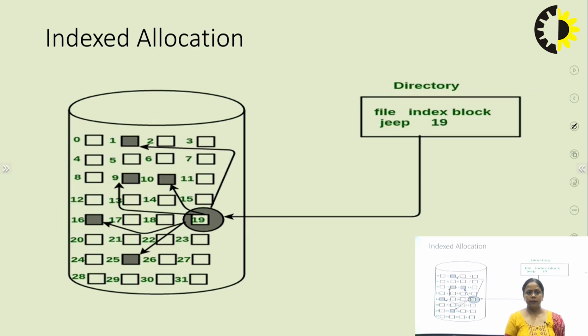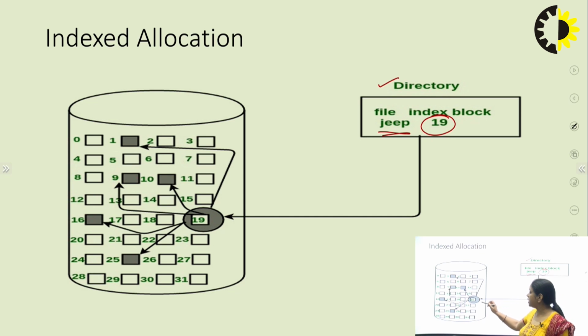You can see here there is another file G. Again we are using the same name for the file here, and this is the directory information. You can see there is only one piece of information about G, that is known as the index block, which is the number 19 here.